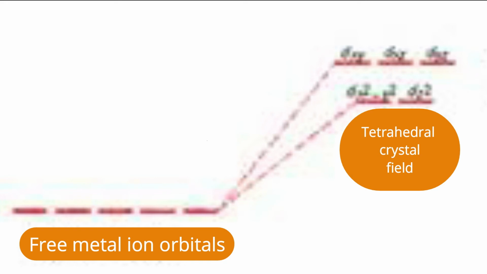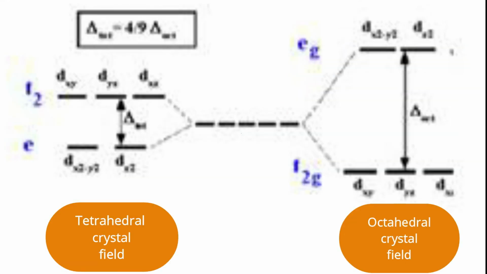This will be more clear by this new diagram. Comparative splitting between tetrahedral crystal field and octahedral crystal field is represented here. The middle 5 d orbitals that you are finding, that is the energy level of d orbitals which are in spherically symmetrical hypothetical field, and left side compartment is called tetrahedral crystal field. There you are finding two orbitals, that's a doublet, dx square minus y square and dz square.